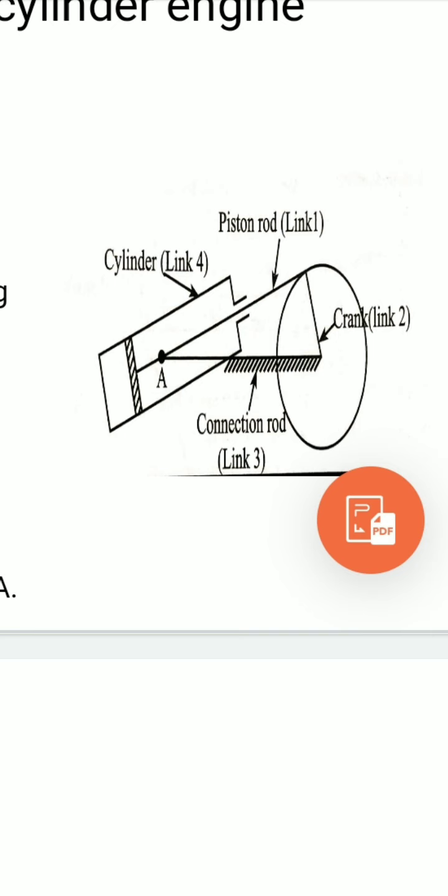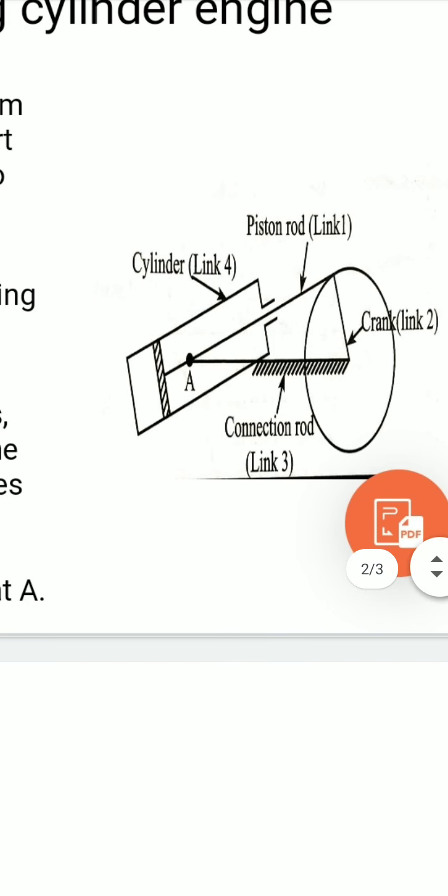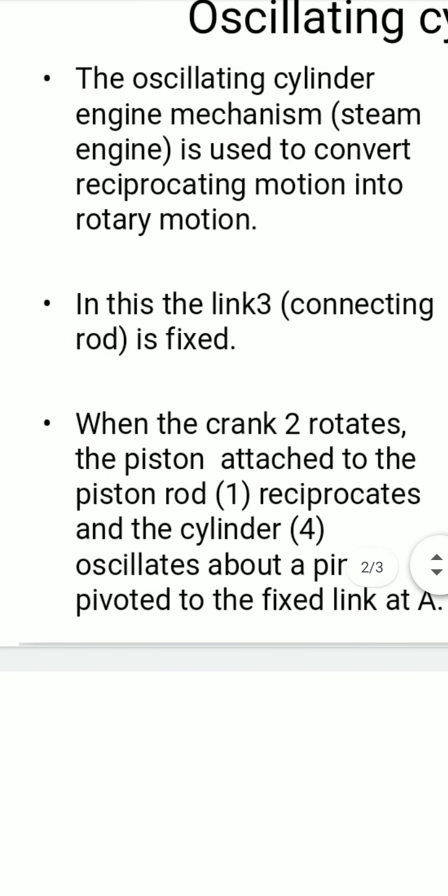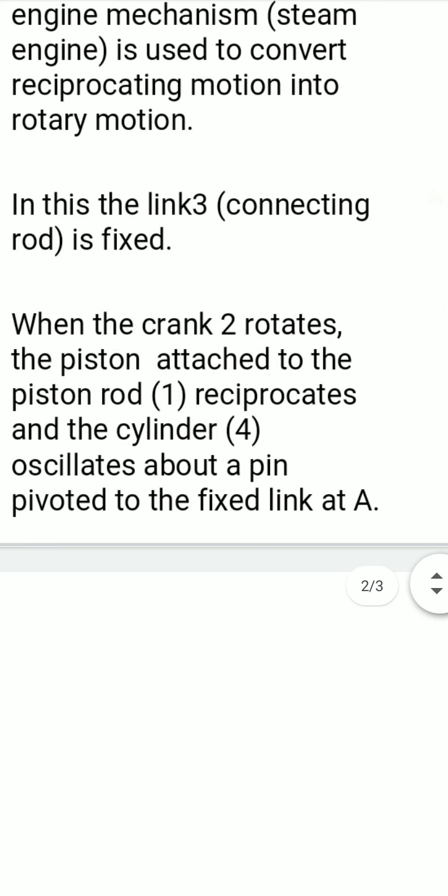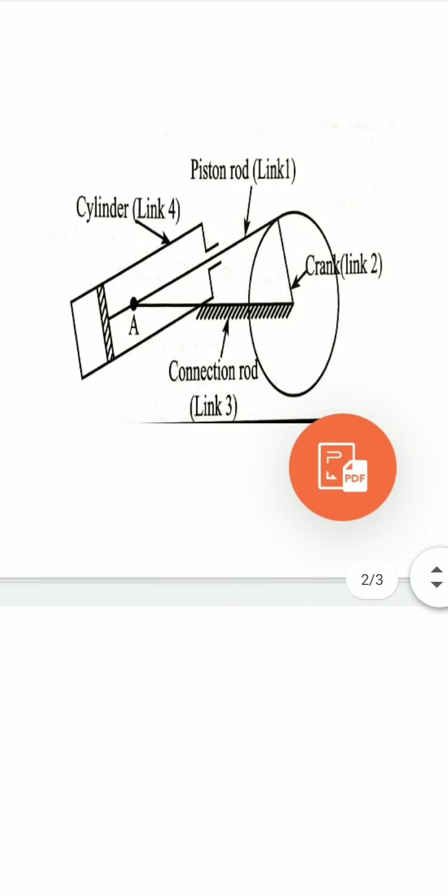Now, as usual, when the crank is rotating, the piston rod will oscillate, and at the same time the cylinder will also oscillate with respect to the point A. When the crank 2 rotates, the piston attached to the piston rod reciprocates, and the cylinder 4 oscillates about the pivoted point A here.